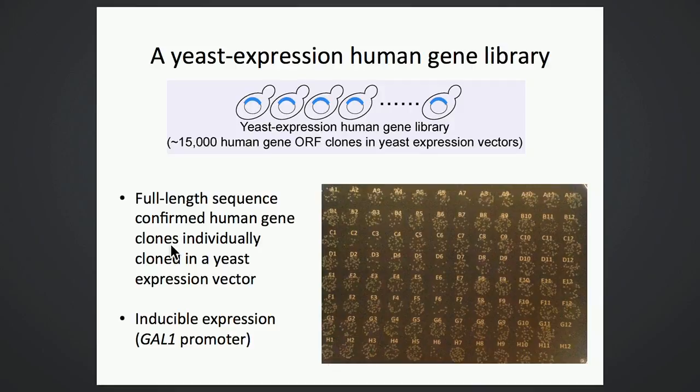To achieve that goal, in my own lab we were able to construct a yeast-expression human gene library. We started with a full-length sequenced human gene ORFeome that contains about 15,000 human genes, and we did Gateway cloning, cloning these human genes into yeast-expression vectors under the GAL1 promoter.